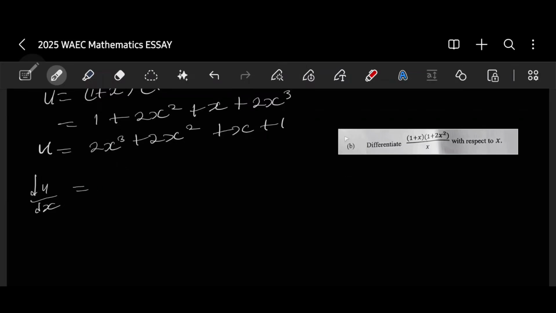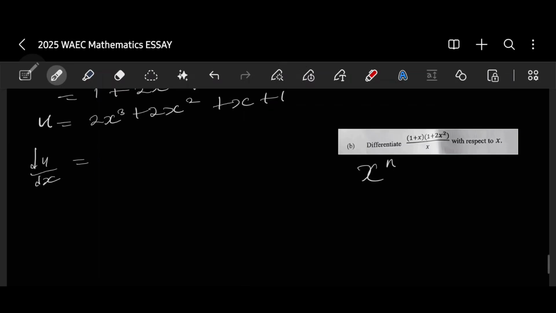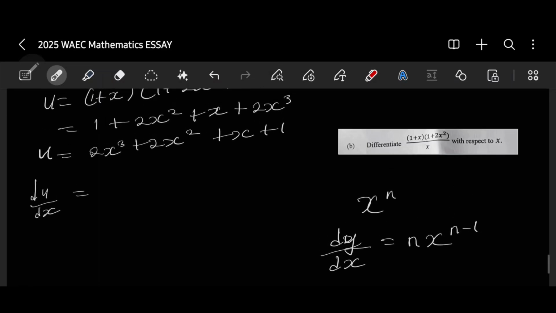To differentiate x raised to a certain power, we multiply the coefficient of x by the power, then subtract 1 from the power of x. In this case, the power is 3. 3 times the coefficient, which is 2, we have 6. Subtract 1 from 3, we have 2.